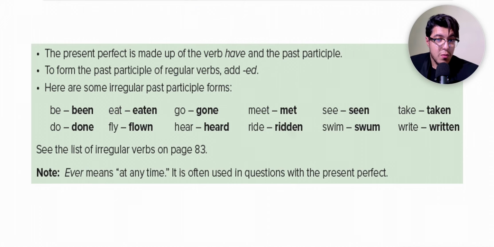And these are some verbs that change completely in the past participle, like be, it becomes been, do becomes done, eat, eaten, fly, flown, go, gone, hear, heard, meet, met, see, seen, take, taken, write, written, etc. If you want to remember these irregular verbs, you can find them on page 83.